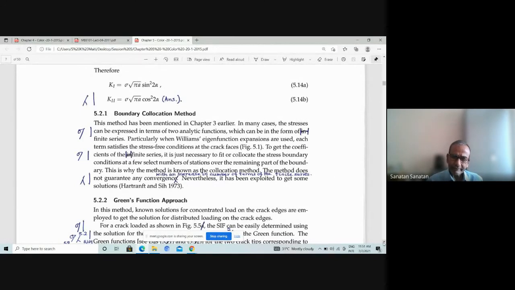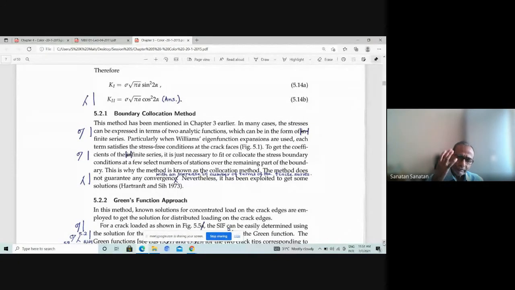Suppose you have selected about 20 constants for each stress function, therefore the two stress functions will have 40 constants. And then you select about 10 stations at the outer boundary, and you know the value of these stresses, normal stress and shear stress, which are given in terms of the coordinates.